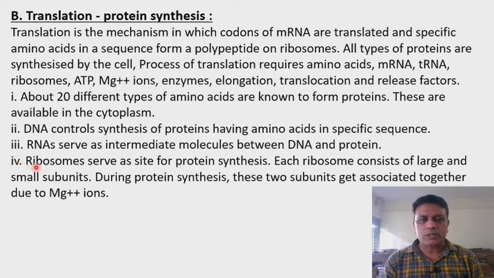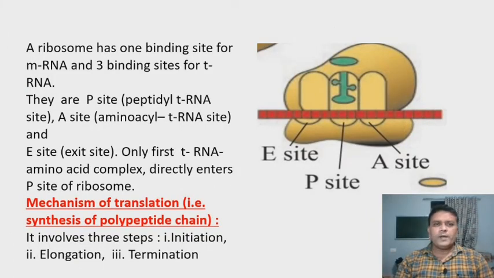Ribosomes serve as the site for protein synthesis. Ribosomes consist of two units, large and small subunits, and these get attached to each other during protein synthesis with the help of Mg++ ions. So these are the basic requirements for the process of translation or protein synthesis. A ribosome has one binding site for messenger RNA and three binding sites for tRNA.